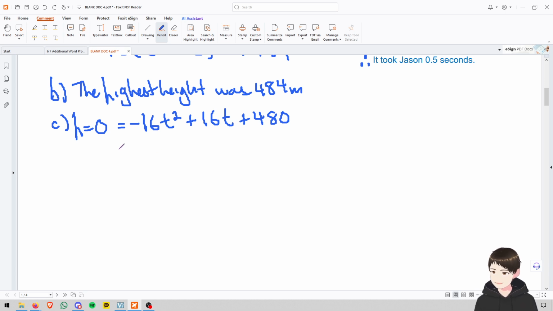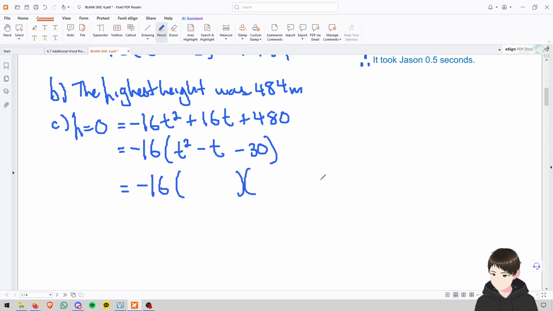I'm actually going to see if I can factor out the negative 16, making my trinomial easier. Oh, perfect. Yes, this is factorable. Negative 16, two numbers that multiply to negative 30 but add to a negative 1.